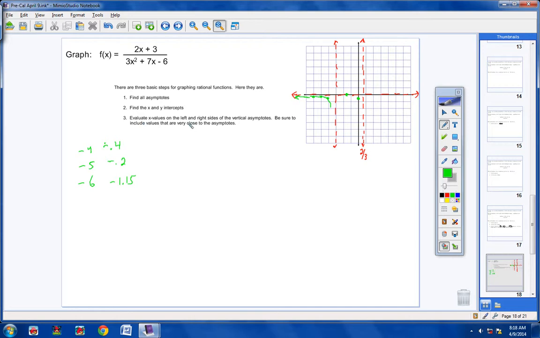Now, men, look at step 3. Are you ready? Read it with me carefully. Be sure to include values that are what? Very close to the asymptote. So if I have an asymptote at negative 3, I want to go barely past it, and with my calculator I'm going to type in negative 3.1.